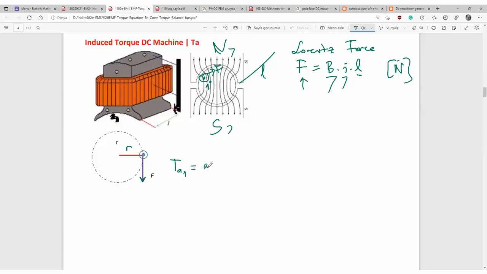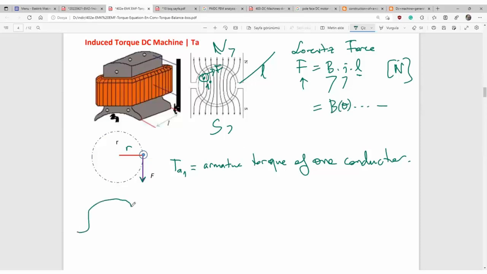Armature torque of one conductor. Okay. This torque will be changed with B theta. B was changing like this, and the forces will be rectified or commutated by using commutator brush mechanism.